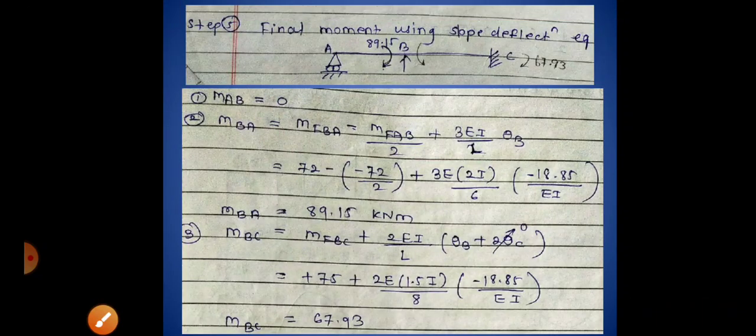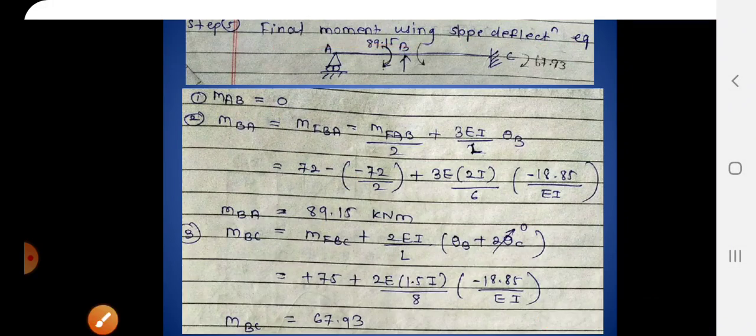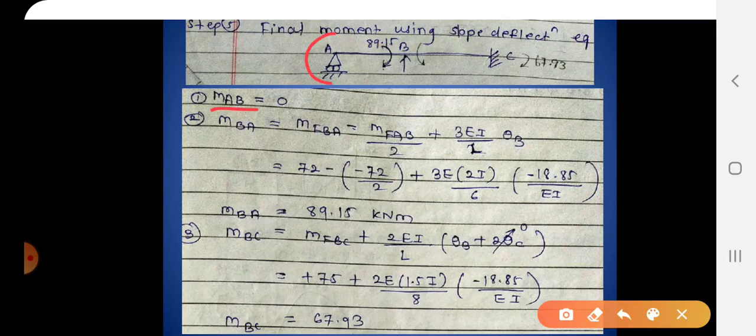Now go to step 5, final moment using the slope deflection equation. Now we will see one by one. For AB, A is the near end and B is the far end, but A is an end roller support, therefore we have to use the modified slope deflection equation. MAB equal to 0.